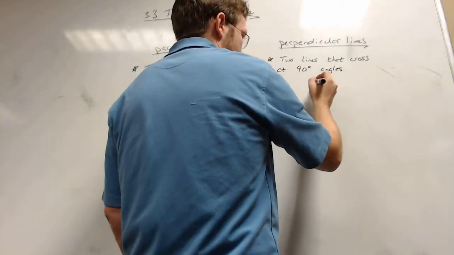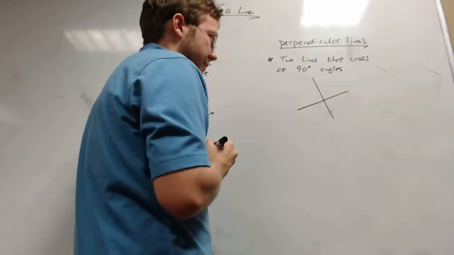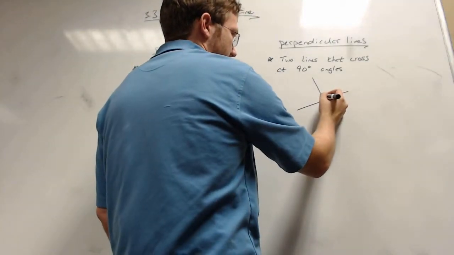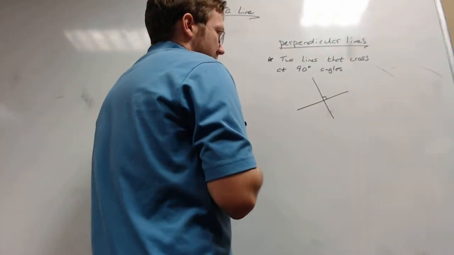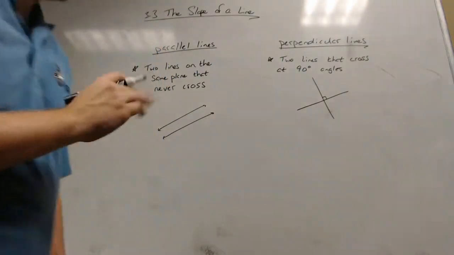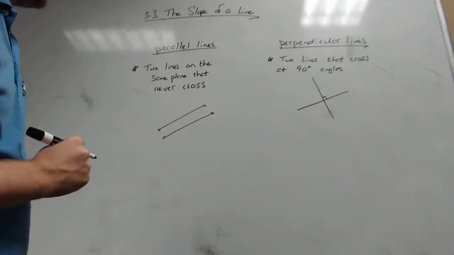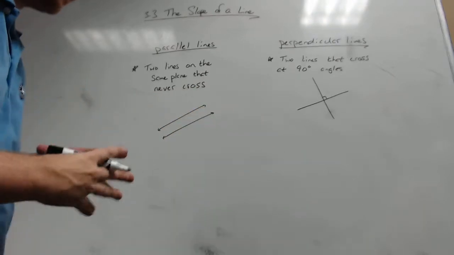Think of it like an intersection between two roads, and we let them know that there's a 90-degree angle by putting a little box there. So perpendicular lines are starkly different from parallel lines, but hopefully we have this background knowledge. Maybe not the definitions, but we know them when we see them.